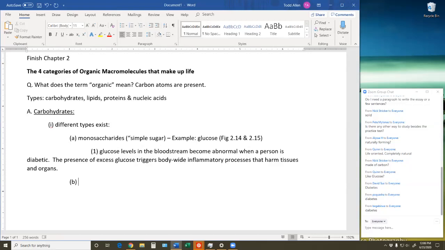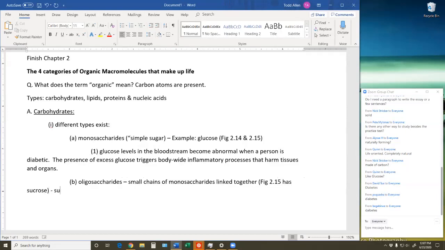For example, in figure 2.15, you see sucrose on the right side of the chemical reaction arrow. Sucrose is a disaccharide, but a disaccharide is just one type of oligosaccharide. Oligosaccharides are small chains of monosaccharides linked together. So as an example, figure 2.15 has sucrose.